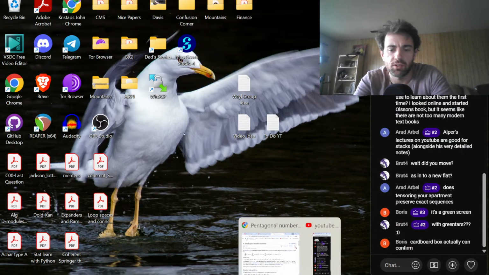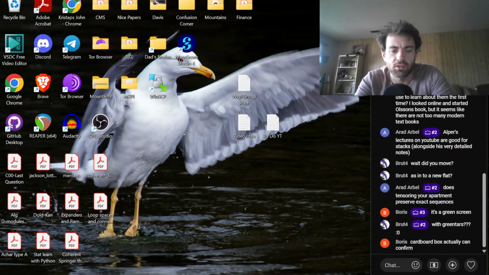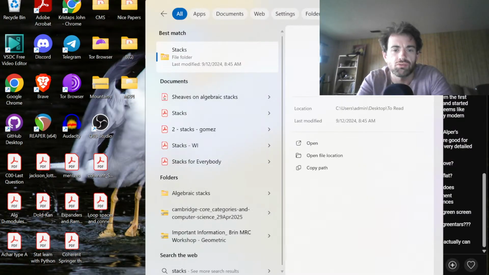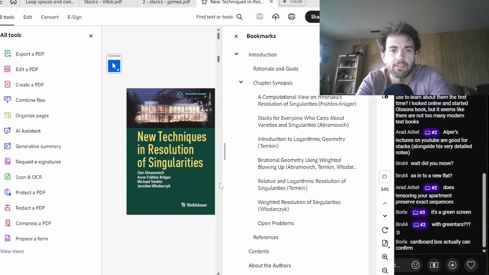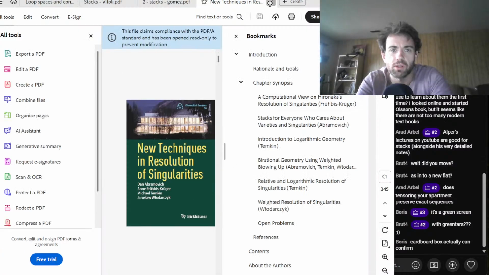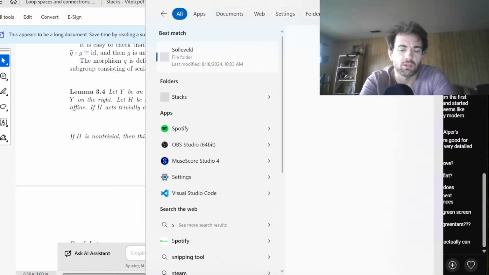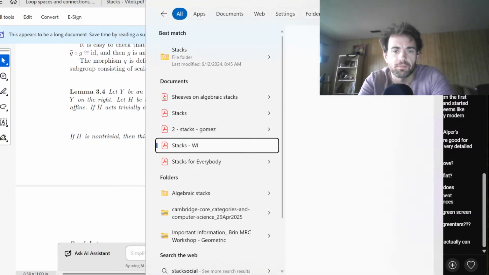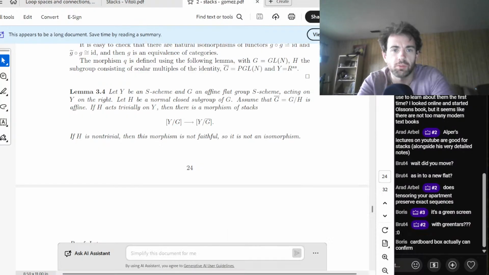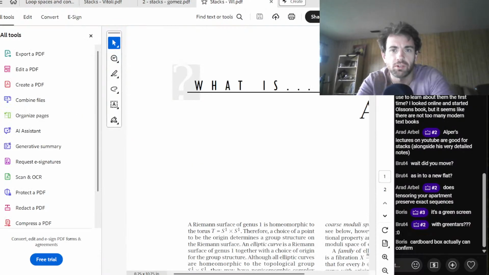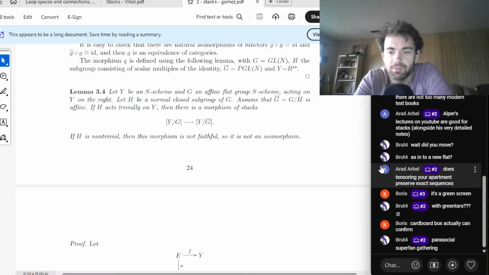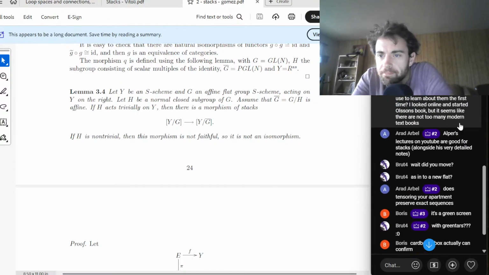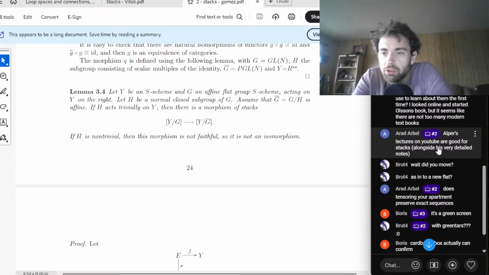Let me find. Was it just this one? No. That's a whole book. I wish I had named this something reasonable and I would have remembered. Damn it, I can't find it. There was one really nice short note I saw that was about stacks. Oh well. Alper's lectures on YouTube are good for stacks.